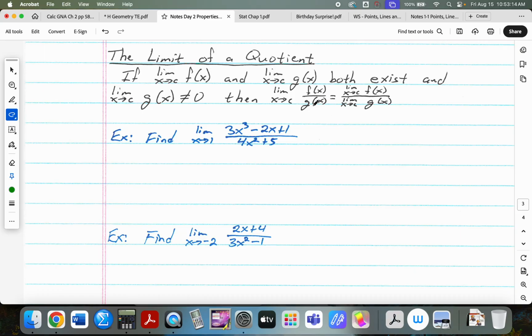But for these, what we're going to do is simply say, okay, that's the limit as x approaches 1 of 3x cubed minus 2x plus 1 over the limit as x approaches 1 of 4x squared plus 5.